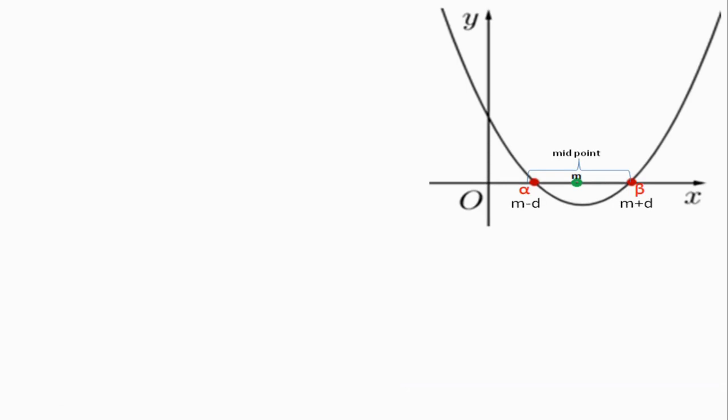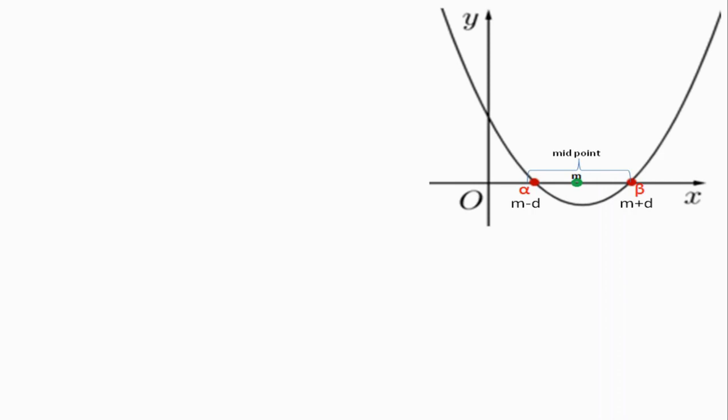Now what we are doing, we suppose that m is the midpoint of these two zeros or roots, and the distance between m and alpha is d, and between m and beta is also d. So what is the value of alpha? It is m minus d, and what is the value of beta?